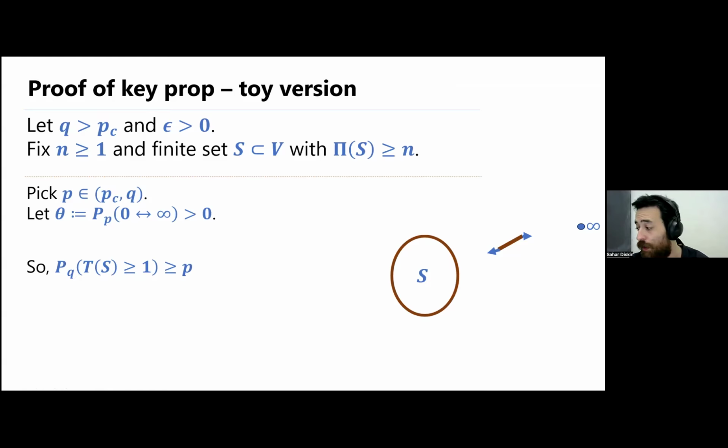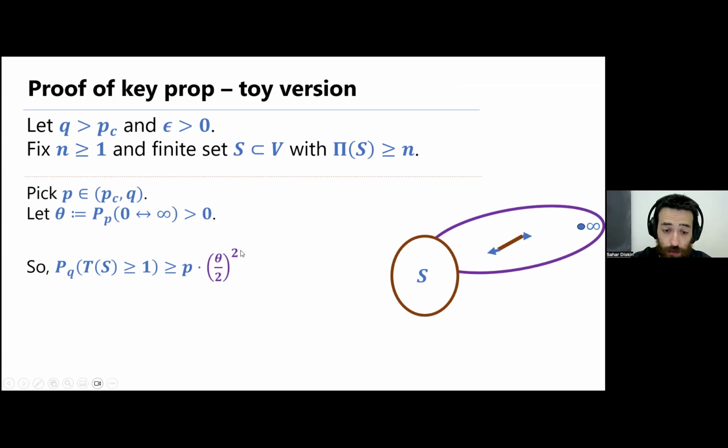For that, I will need to pay theta over 2 squared for both things to succeed. This is an increasing event, so I can do this. And then I managed to get one touch. Okay, that wasn't too ambitious of us, and this is not that high a probability, but we're starting to understand the problem.